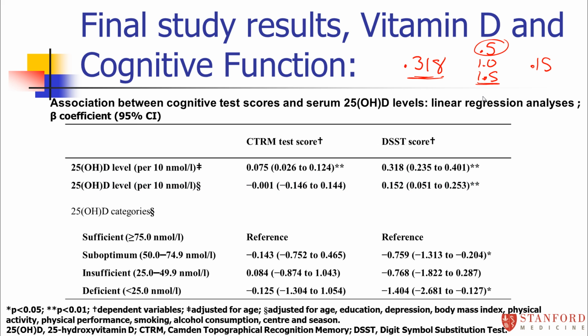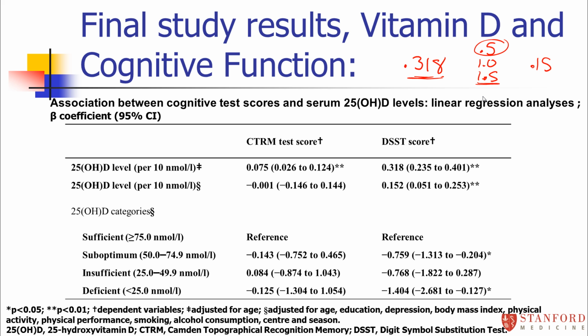So this is not what I would call rocket evidence, great evidence that there's a huge link here. This is also a cross-sectional study, so we don't know the direction of the causality, if there is any causality here. It could be that if you have better cognitive function, you go outside more, you take better care of yourself, and that's why your vitamin D is just a little bit higher. So the direction of the effect, of course, is unknown here.